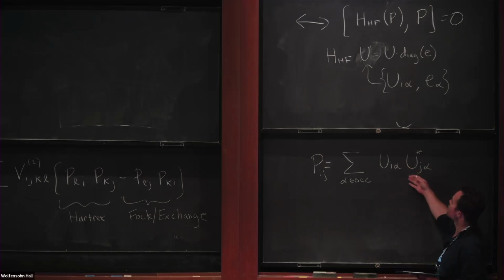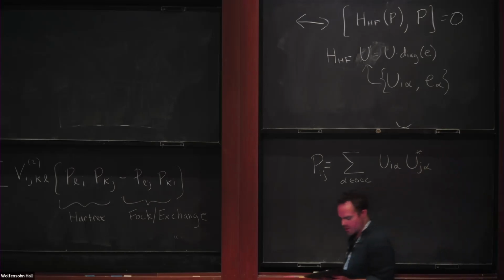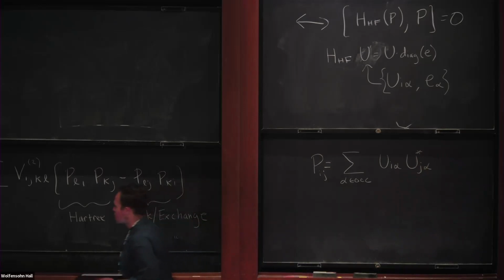So the general form is something that satisfies that condition, and it's a projector. That leads to the following very transparent interpretation of Hartree-Fock as a kind of iterative procedure.